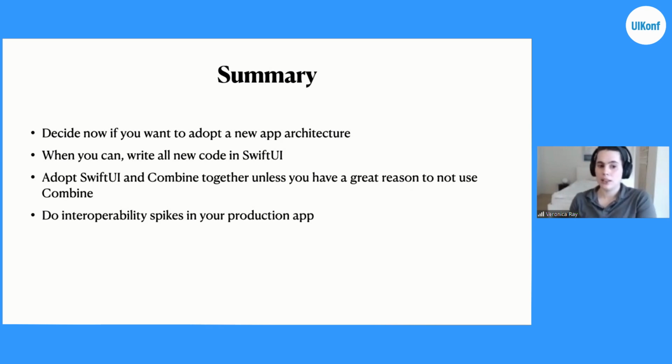I think if anyone is adopting SwiftUI without Combine, they'll probably regret that decision later. Finally, right now is an excellent time to do interoperability spikes in your production app and really understand well what your specific requirements will be.